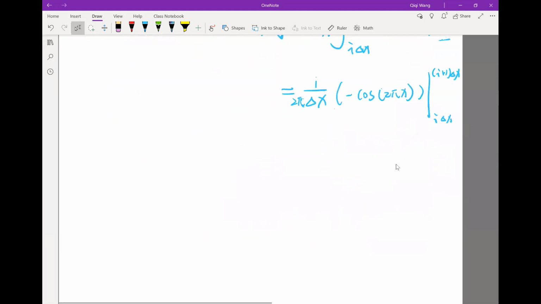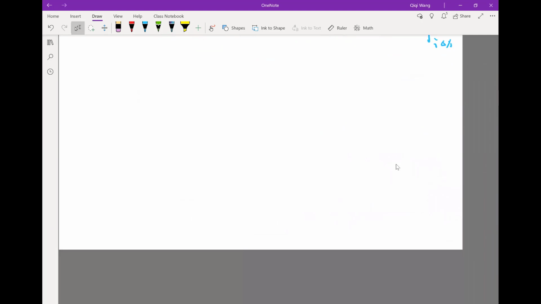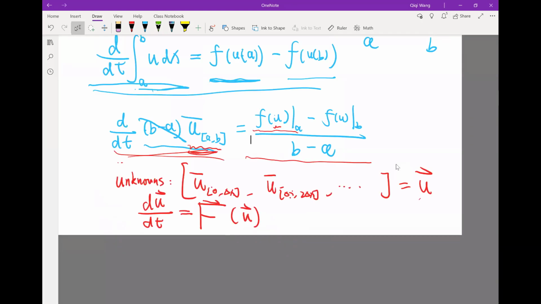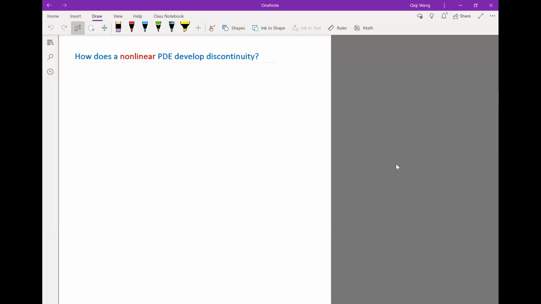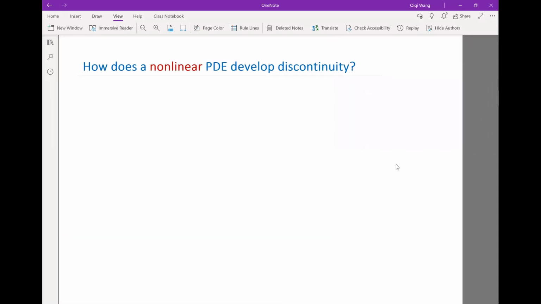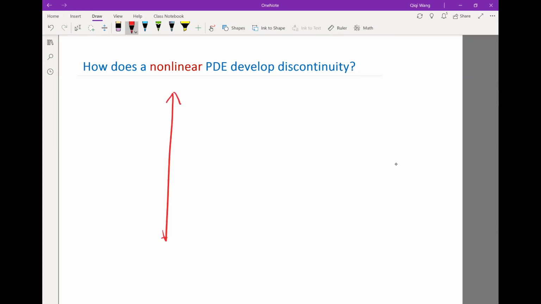Let's go back to our previous discussion of the contours of the characteristics, because this is very important in determining what kind of boundary condition it is appropriate to specify.